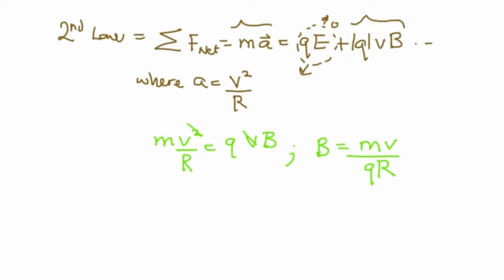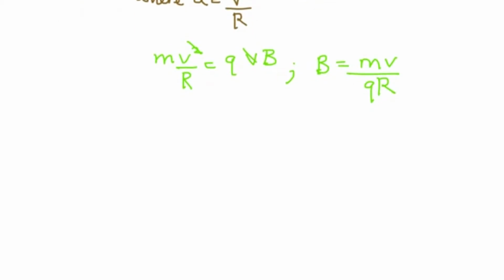Now we need to introduce our angular frequency, labeled with the small omega sign, which is equal to the velocity divided by the radius.